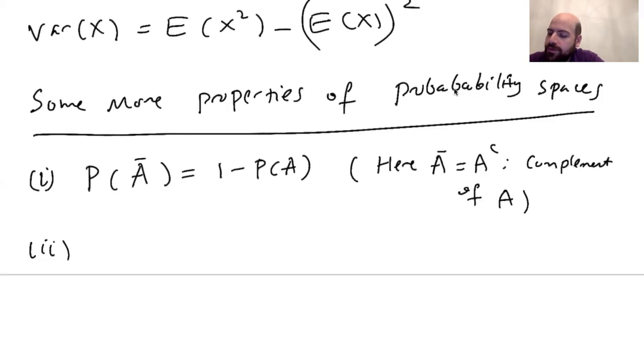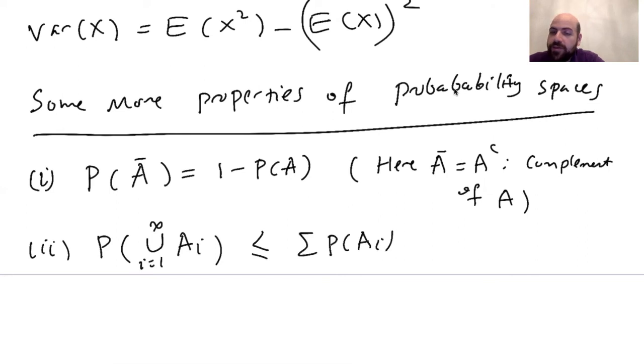Second one: the probability of the union of A_i, i from 1 to infinity, is less than or equal to the sum of the probabilities of the A_i. So if you remember, one axiom was that the probability of the union of A_i is equal to the sum of the probabilities of the A_i if the A_i are pairwise disjoint.